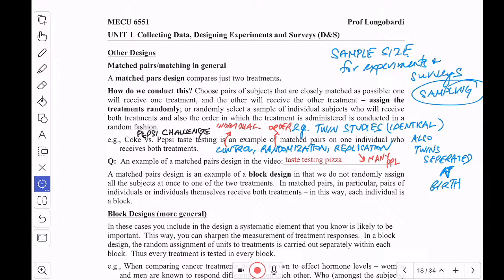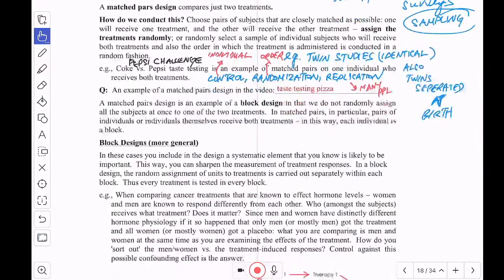So we identify a block, we separate the subjects into blocks, and otherwise we don't randomize all of the subjects. First we separate them into blocks, and then within the blocks the randomization takes place. So why is that happening? Why do we do that?